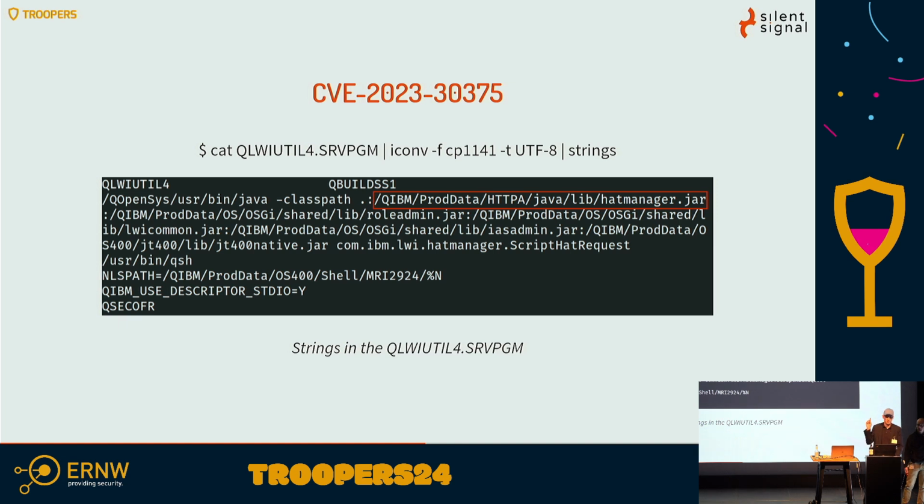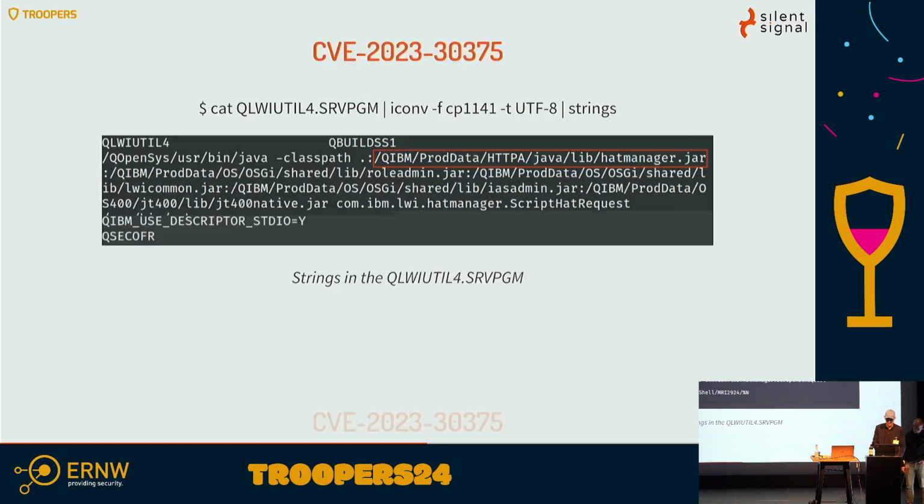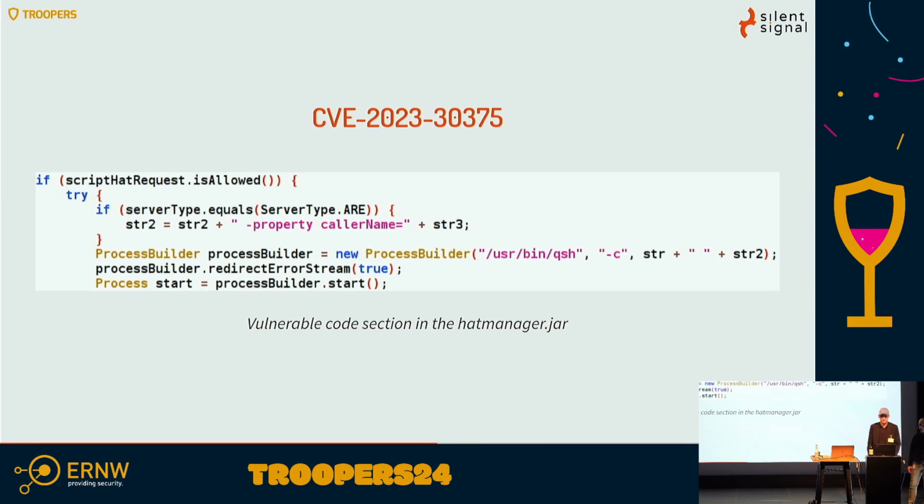This SRVPGM object contains quite interesting strings, as the picture shows. The SRVPGM calls each Java to run code from multiple jars. Therefore, I examined all of them. After a while, I identified the following vulnerable code section. It's too trivial, but can you spot the issue?